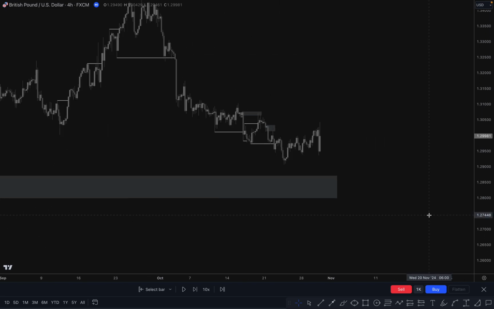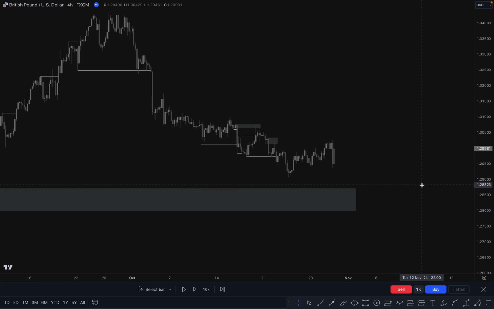The overall 4 hour structure is currently bearish. It's bearish until we go into that daily demand zone. After we reach this daily demand, I expect price to start reversing and for us to take out these highs.